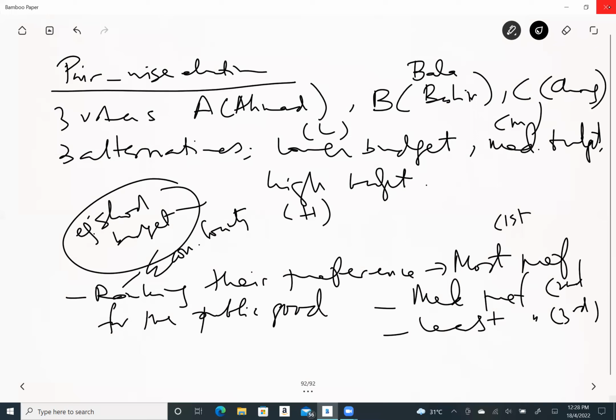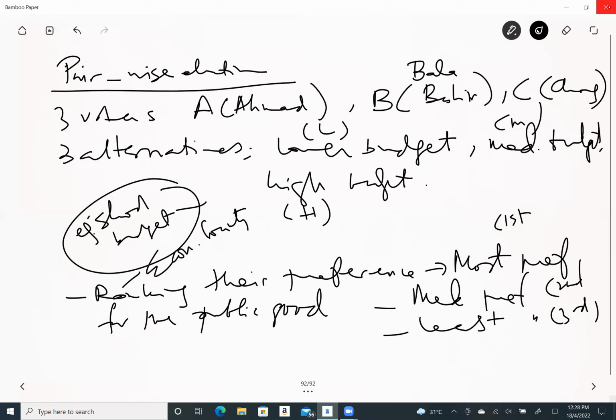All right, and then we are going to do head-to-head election, or you call it pairwise election. Okay, you got it. So you have 3 people, A, B, C, 3 alternatives of the public good in terms of budget. School budget.